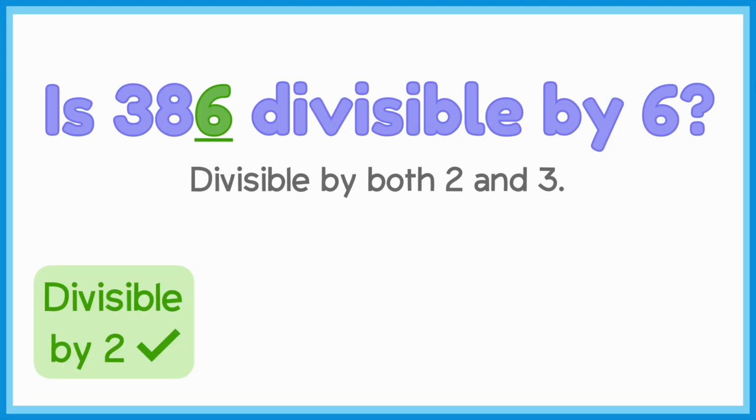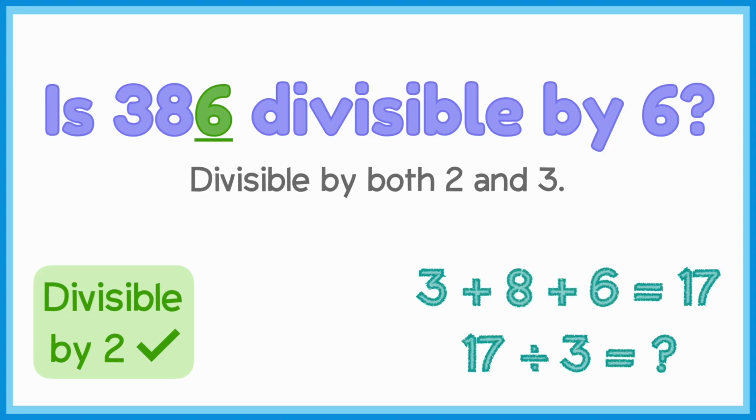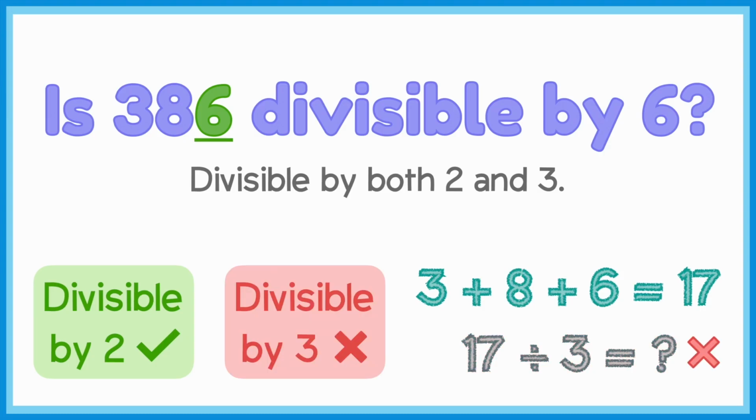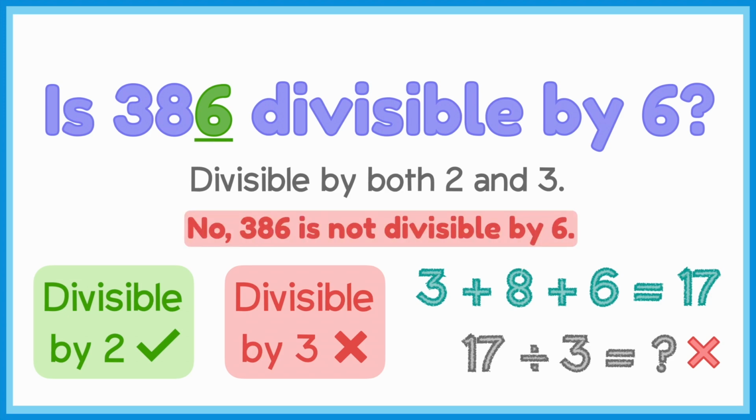Next, we know that a number is divisible by 3 if the sum of the digits can be divided evenly by 3. 3 plus 8 plus 6 is 17. Is 17 divisible by 3? No, it is not. So, because 386 is not divisible by both 2 and 3, this means the answer is no. 386 is not divisible by 6.